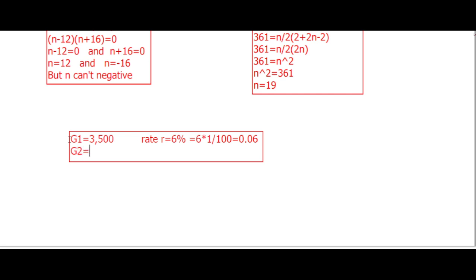G2 is equal to G1 plus G1 times 0.06. This is equal to, let's take G1 common, G1 times 1 plus 0.06.